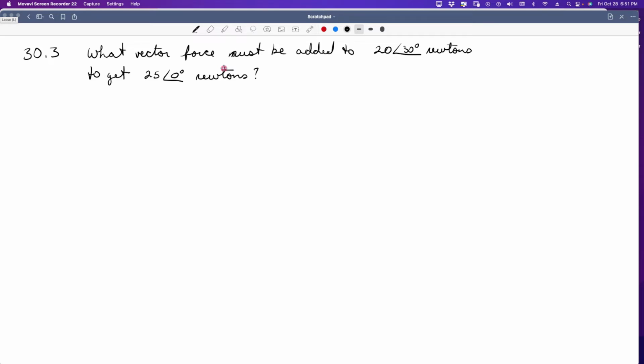Instead of adding them together like we've been doing, we're going to subtract them this time. And then that force that is the difference, we turn that back into a polar coordinate.